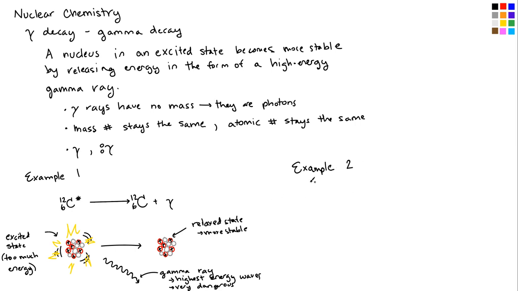So in this example, let's do a word problem. Write the balanced nuclear equation for the gamma decay of, hold on, let's write it correctly, of radium-226.